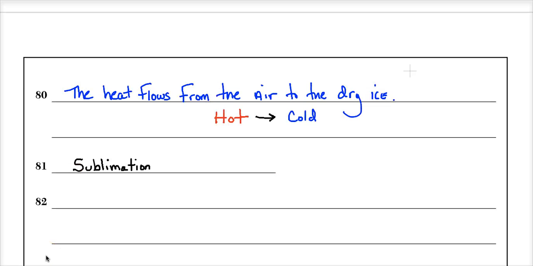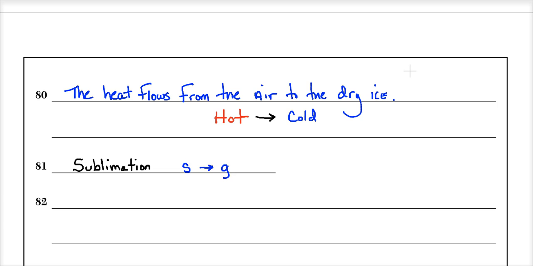So sublimation is the phase change of a solid going directly to a gas, skipping the liquid phase. That's why they call it dry ice. There's no liquid involved as it sublimes. You should be aware, though, if I can go from a gas back to a solid, they call that deposition. We mentioned that somewhere in this review.